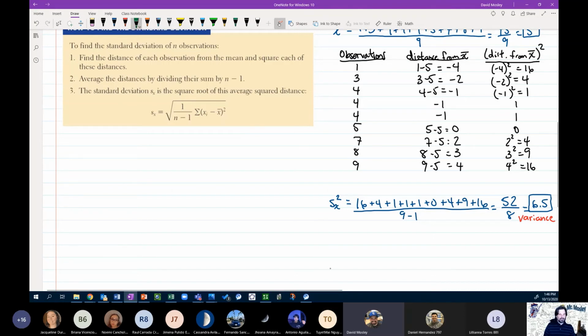We have s sub x equals the square root of 6.5, which is approximately 2.55. And this is our standard deviation.